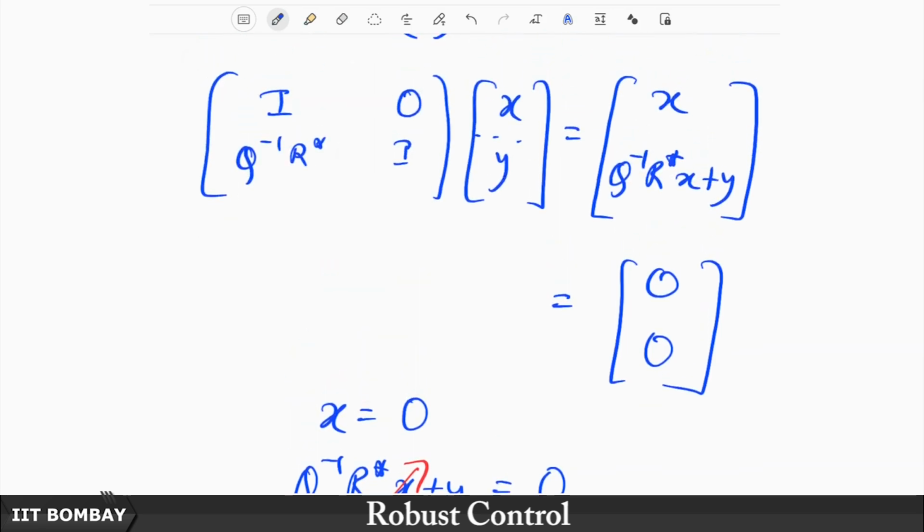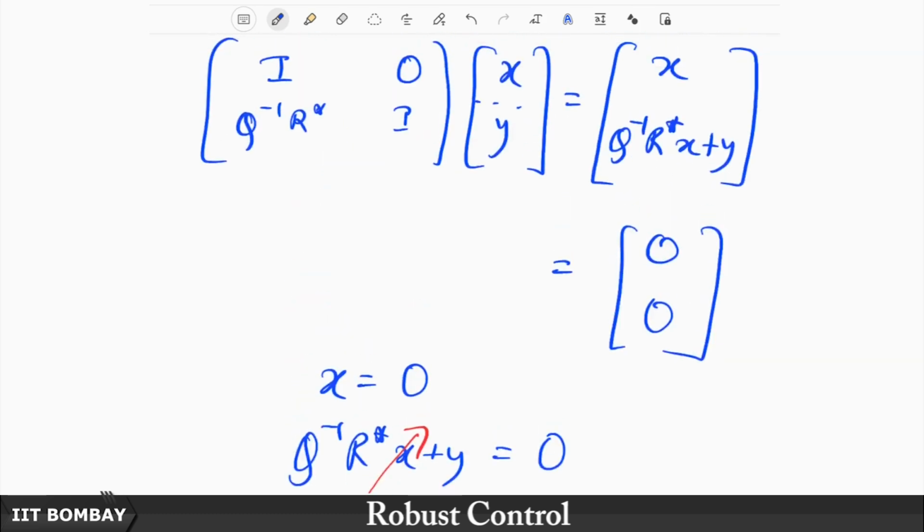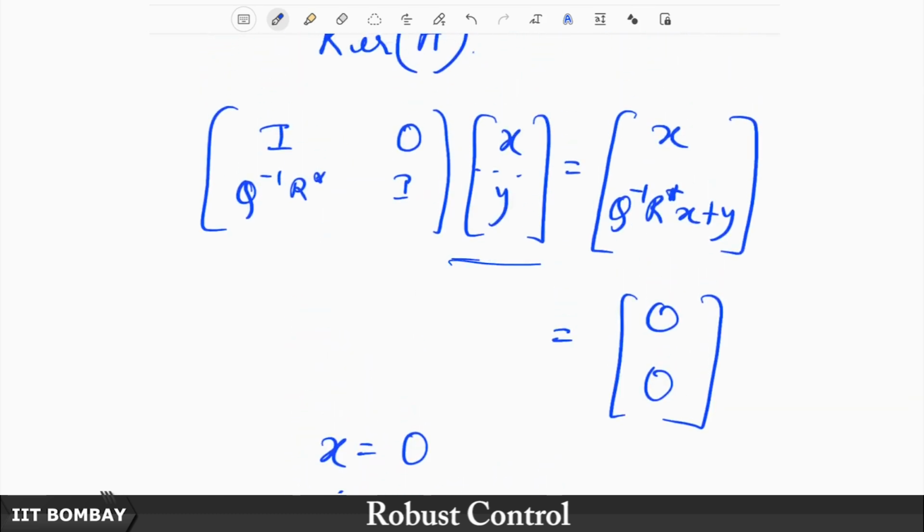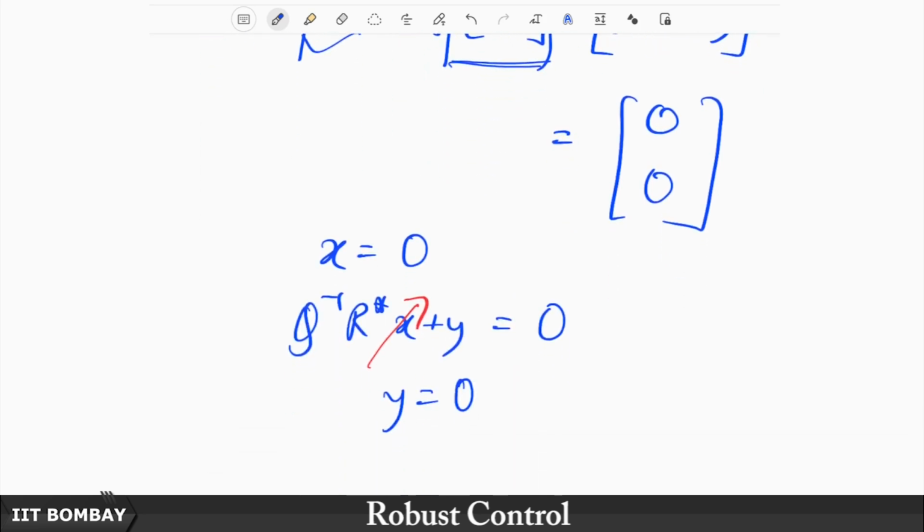So, in other words, if any vector such as this belongs to the kernel of this matrix, then it has to be only the 0 vector.